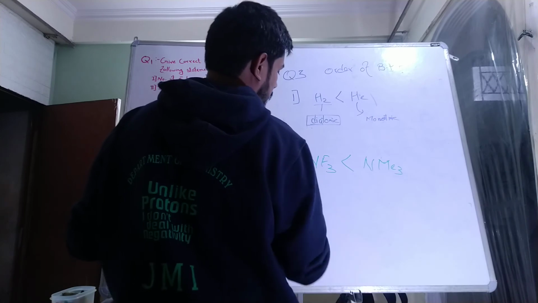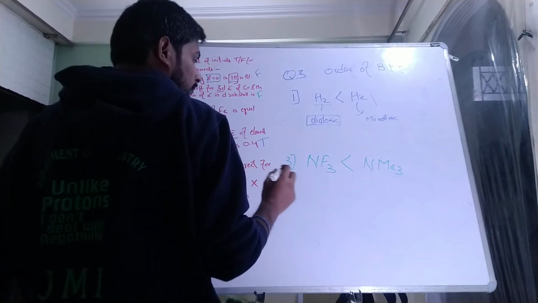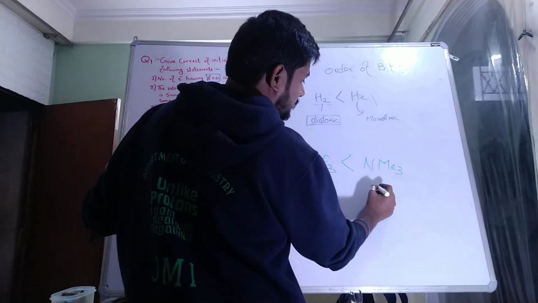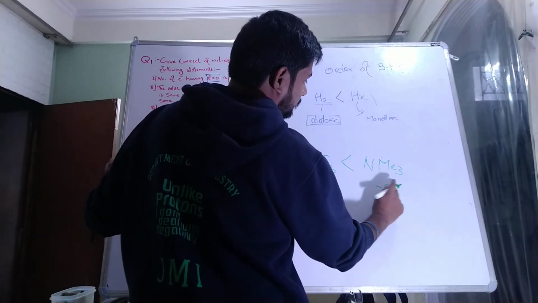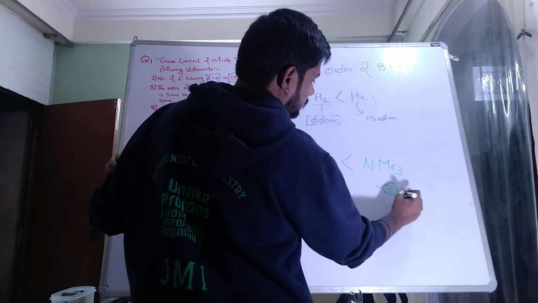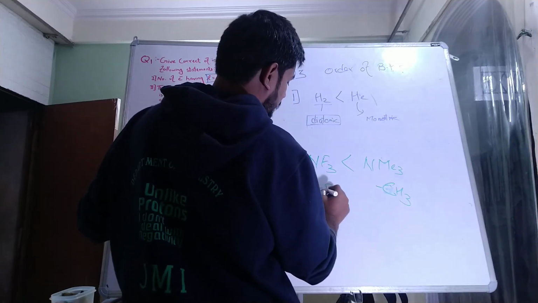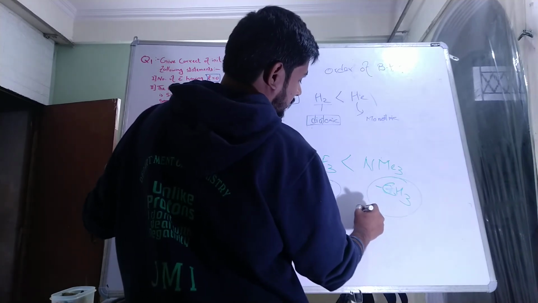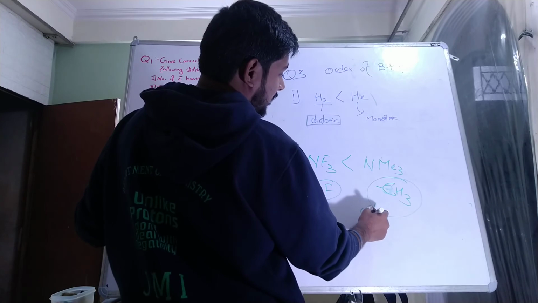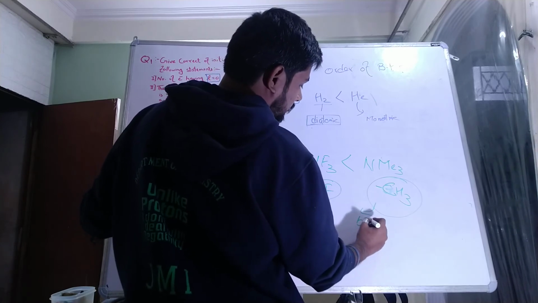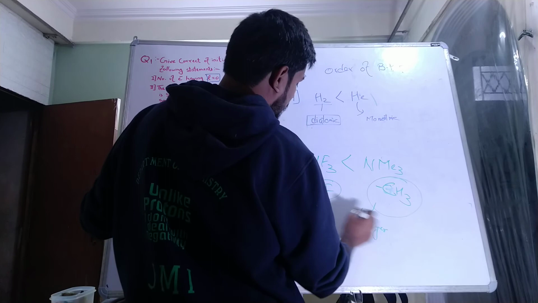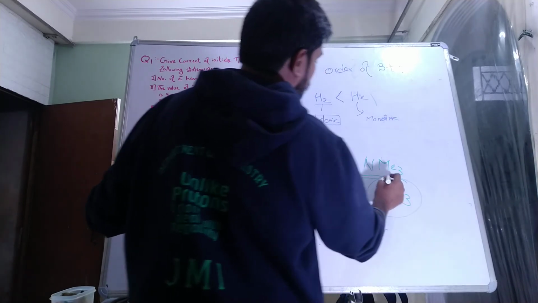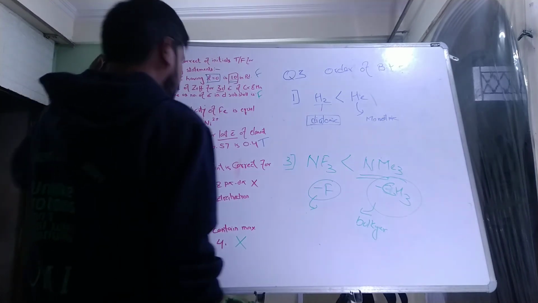Third option, it is true, or it is correct, because Me is CH3, and it is F. So with F and Me3, the methyl group is bulkier than fluorine. So it will have a greater boiling point than NF3.